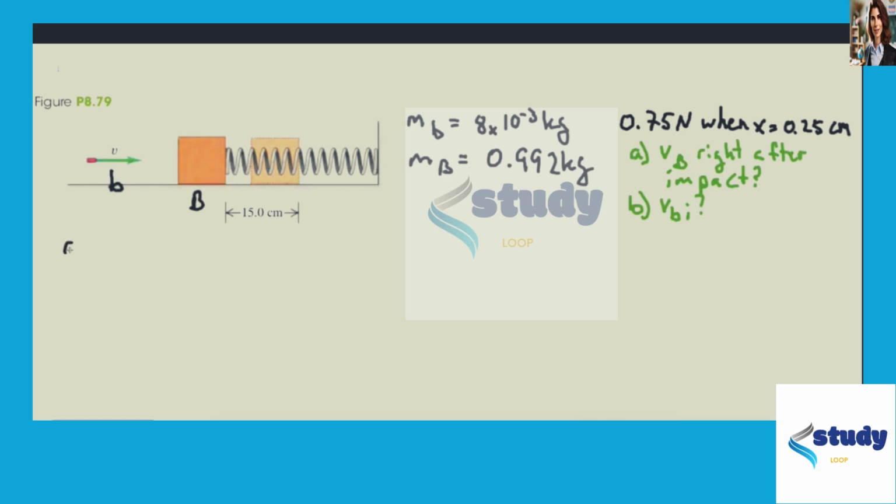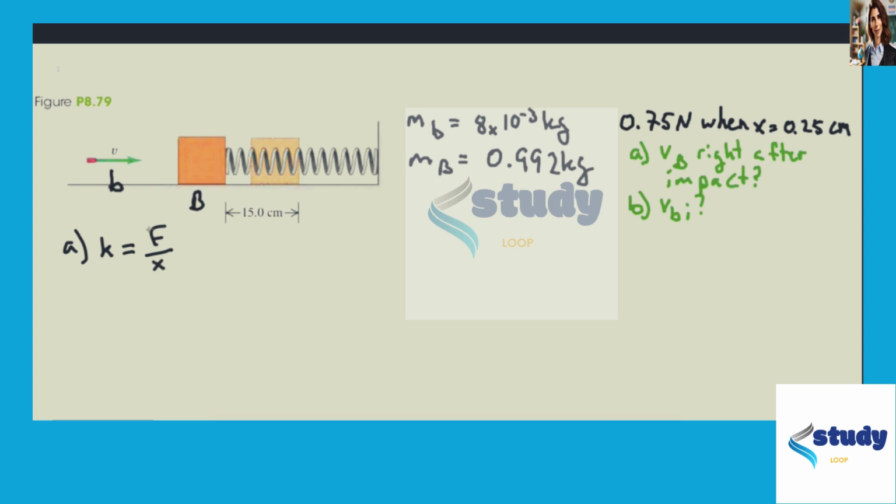So let's get started. This first one is going to be a conservation of energy issue. First, we need to figure out what the spring constant is, which is easy enough. It's F divided by x.